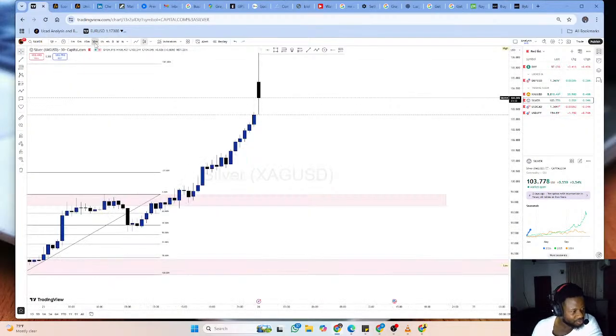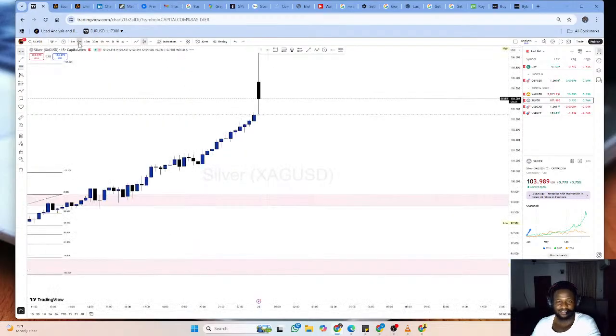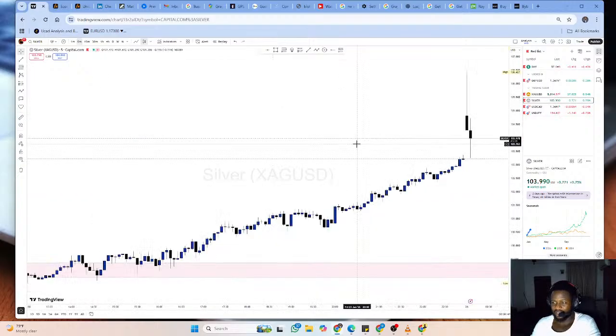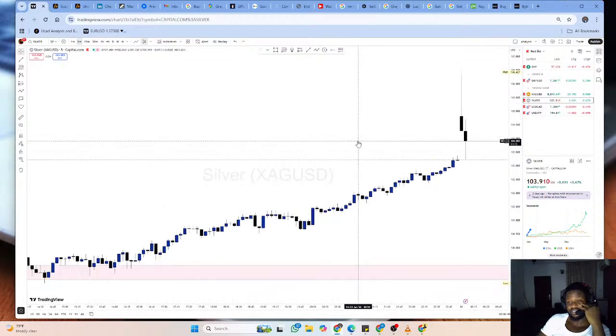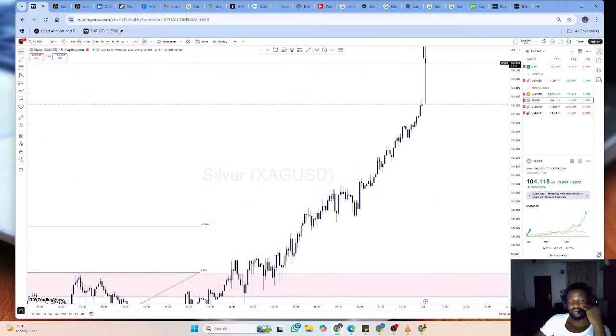I mean, the spread on gold, on silver is 1,000 pips. But look at that fill. It filled it nicely. Man, this is crazy on silver. I mean, how do you trade this stuff?